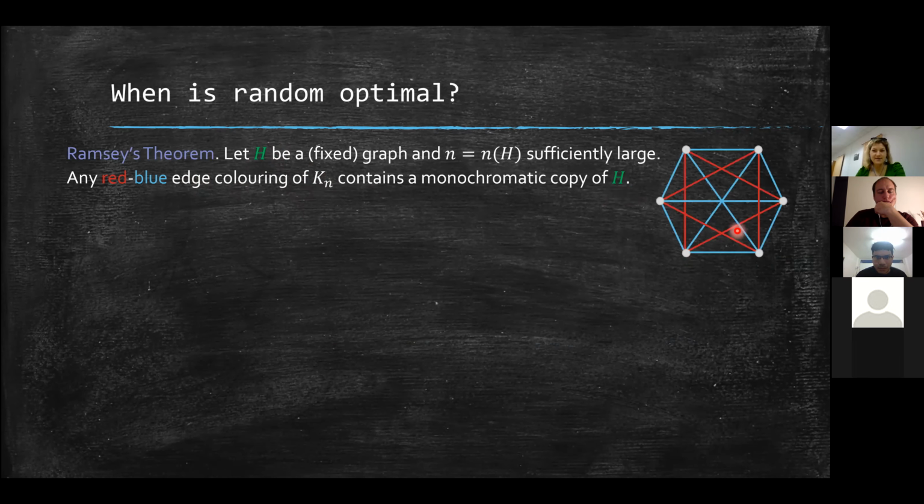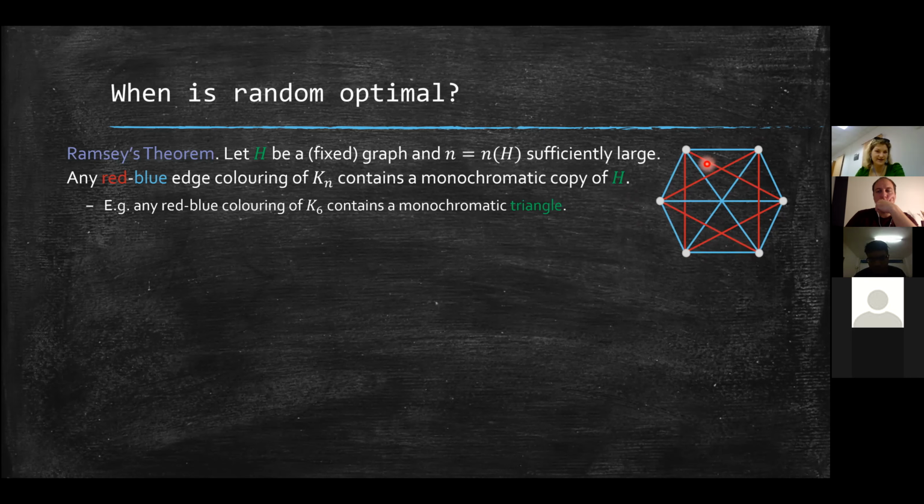As an example, here's a red-blue coloring of K6, and this is guaranteed to contain a monochromatic triangle. For instance, here you see a red triangle and another red triangle there. That's guaranteed for K6, and that's best possible. There are colorings of K5 with no monochromatic triangles.